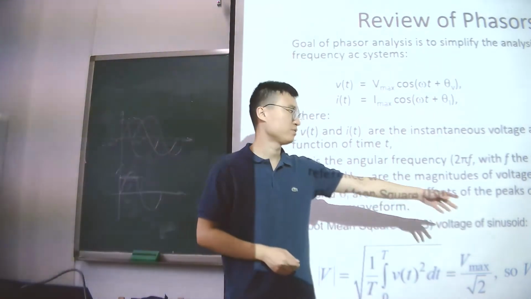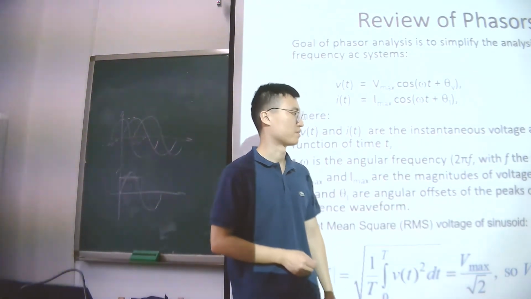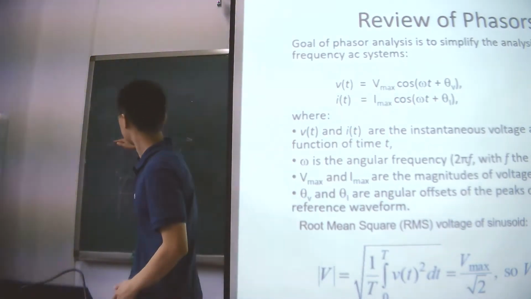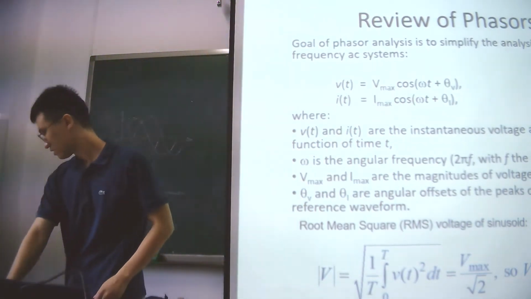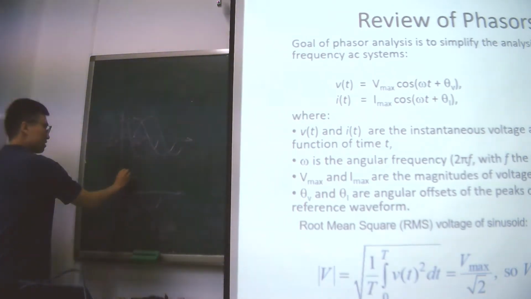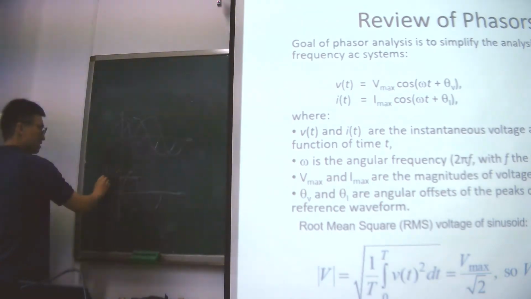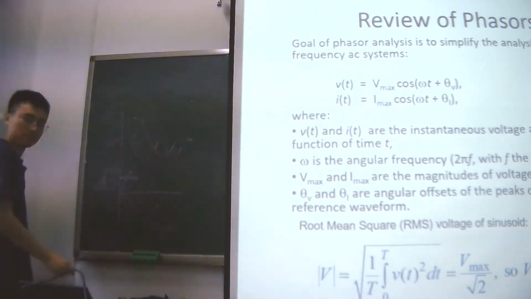Square root of 2 multiplied with the amplitude of the voltage. Okay. Just like this. We assume that it's 1 volt and this is 2 volt. Okay.